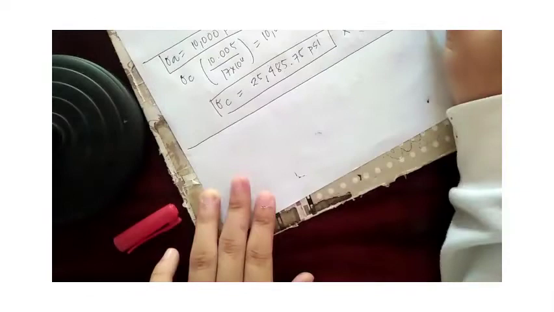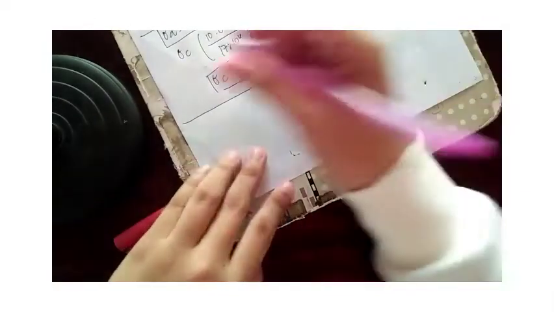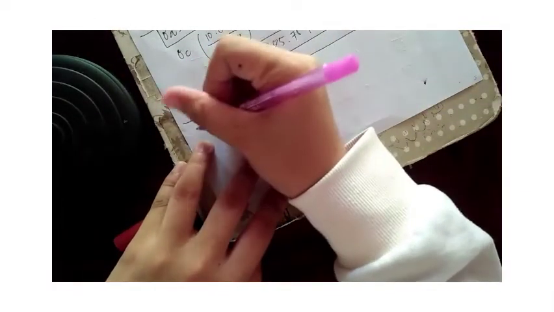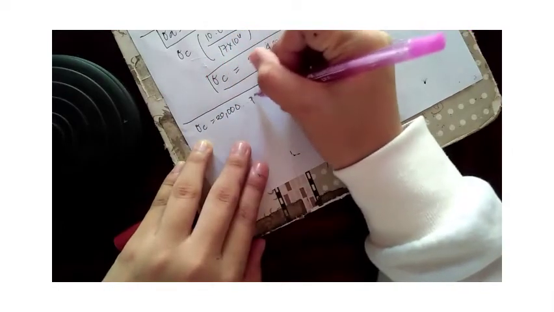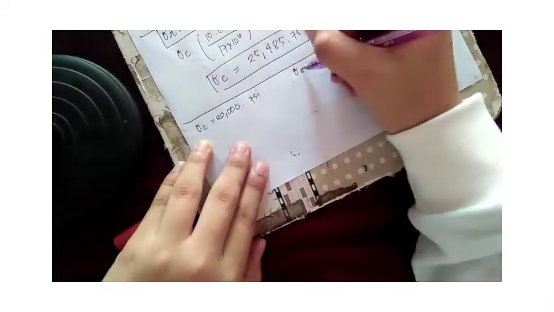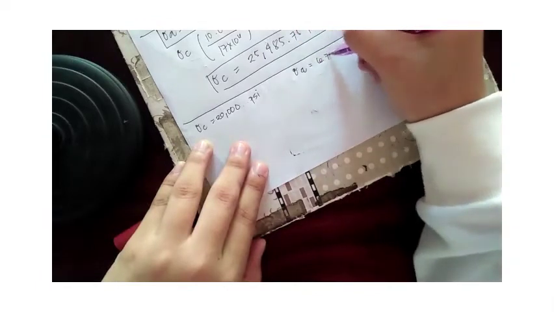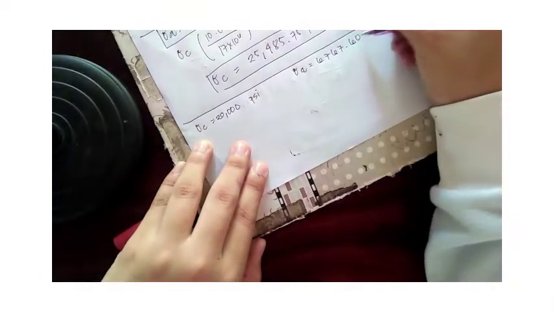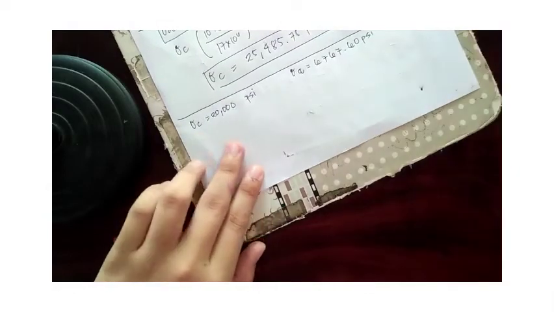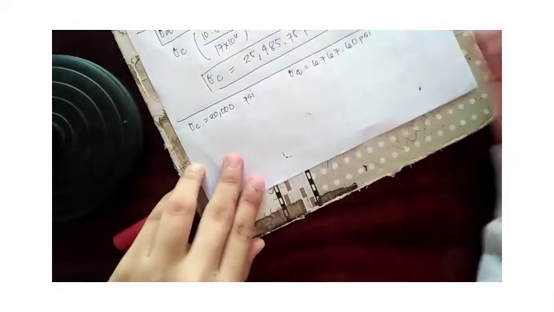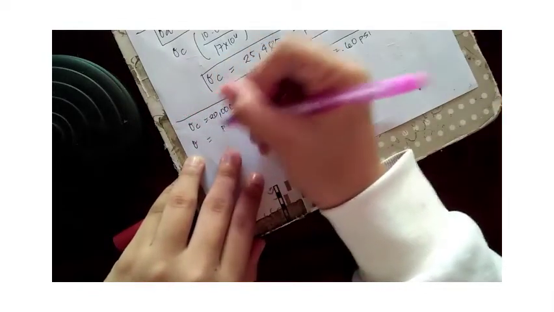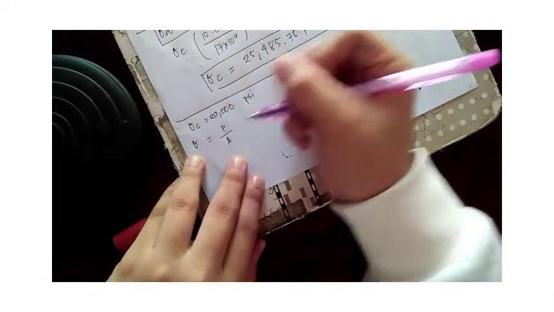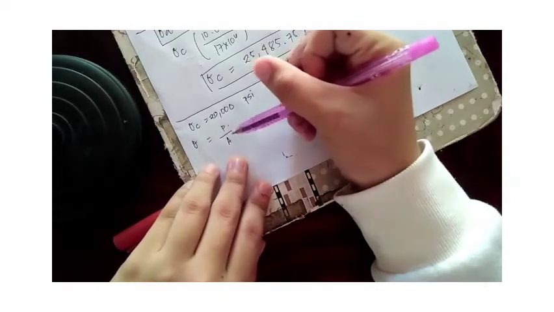So, proceed. Meron na tayong stress ng copper which is 20,000 PSI and stress of aluminum which is 6,767.60 PSI. And ang formula ng stress is equals to P over A or force over area.